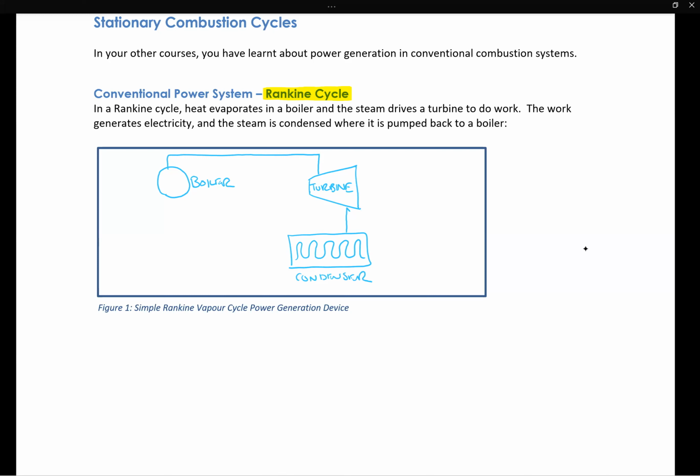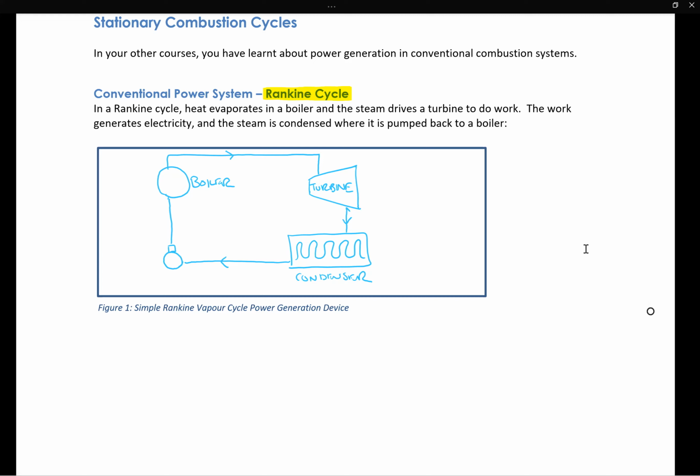And from there, it will condense into water, and it will then go to a pump, where the pump will pump the water back into the boiler in order for it to be heated again, for it to come out of the boiler, drive the turbine back to the condenser. So that's the full cycle.